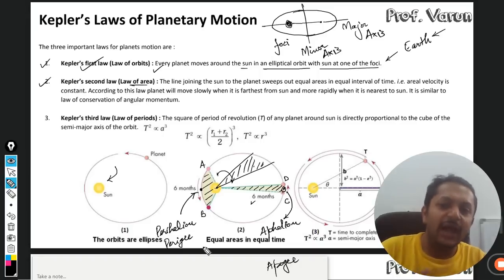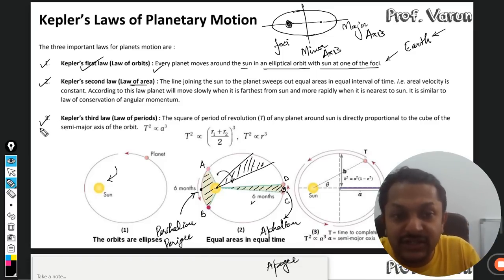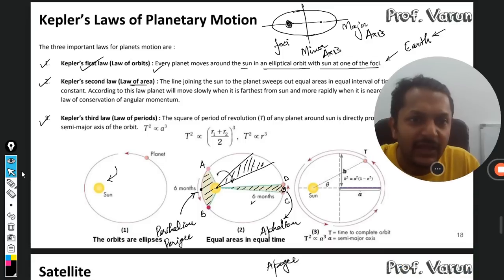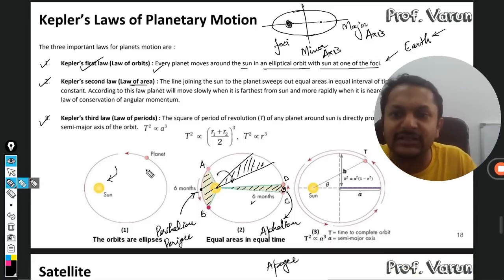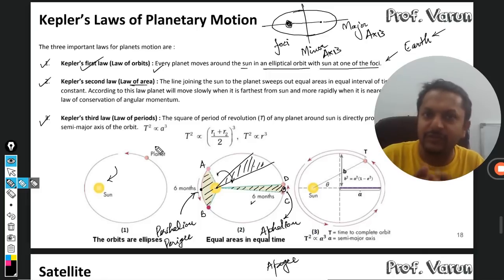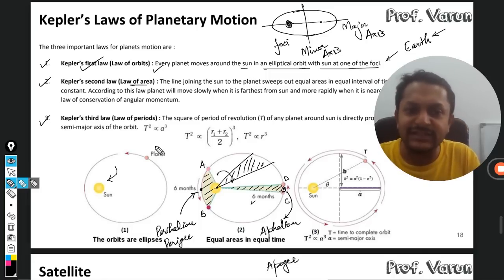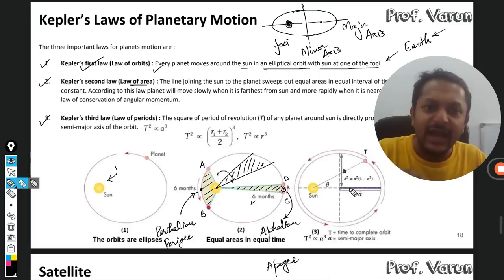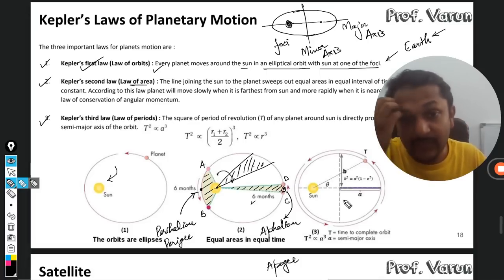Now we are moving to Kepler's third law. Now Kepler's third law says that if we are talking about the time period, not the velocity or the speed, we are now considering the time period. So the motion which is taking place here, and we want to find the time.